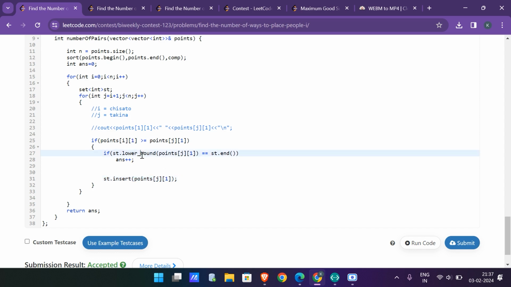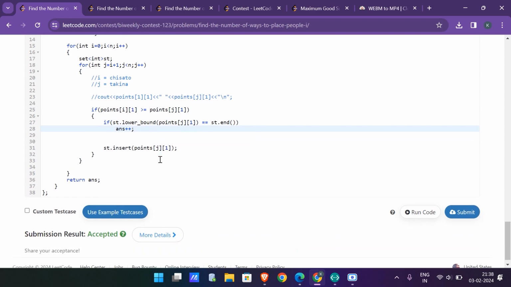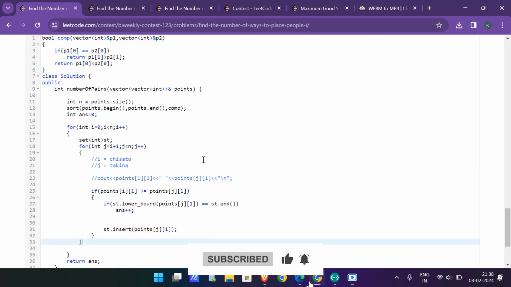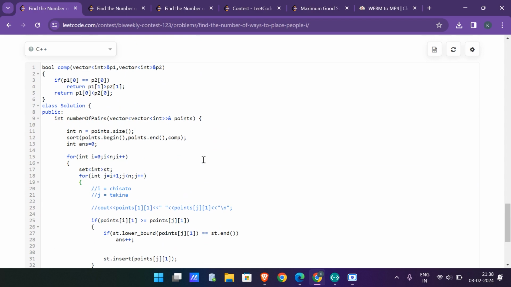That's why I'm checking whether there is any y coordinate greater than Takina's y coordinate; if so, it's a non-valid fence, because all the y coordinates in the set are lesser than or equal to Sisaster's y coordinate. And if there is any coordinate greater than or equal to Takina's y coordinate, then I cannot add this pair to my answer; else I'll add it. After that, I have just returned my answer. So that's it. I hope you like it. Thank you for watching.